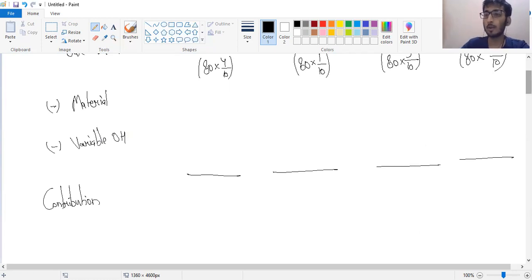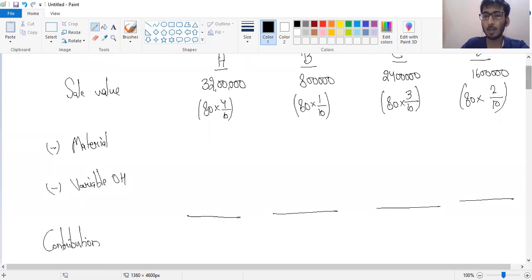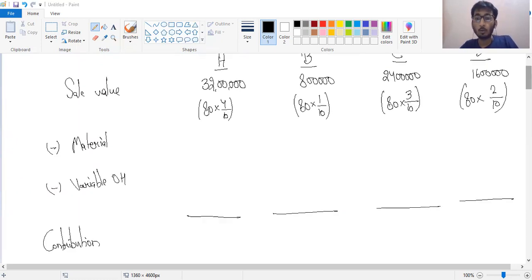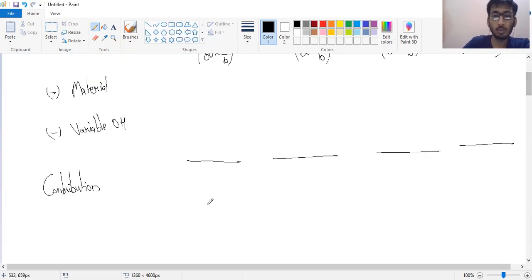What is the PV ratio? Basically, contribution upon sale multiplied by 100. Since the PV ratio is 20% for A, what will the contribution be? It would be 32 lakh multiplied by 20%, which is 6 lakh 40,000.